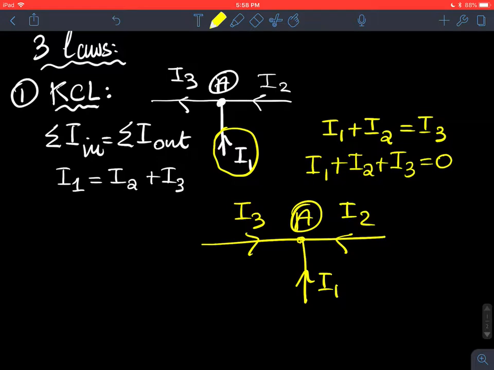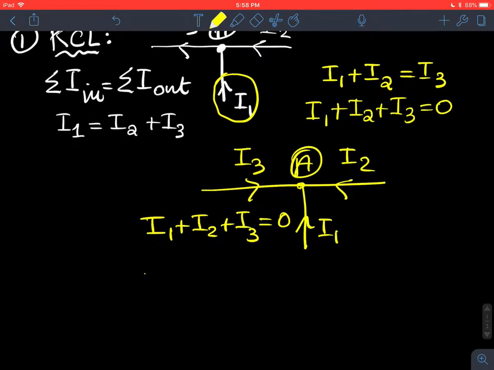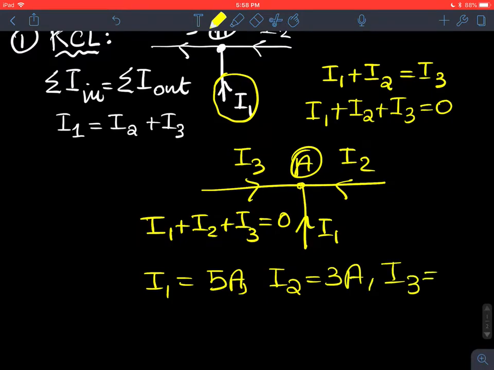So if you assume these directions for the currents, and then you come up with your equation that I1 plus I2 plus I3 equals 0, you're going to solve it, and eventually, let's say you get I1 equals 5 amps, I2 equals 3 amps, and I3 equals negative 8 amps.